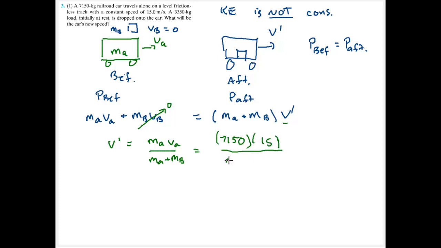And I'm going to sum the masses down here at the bottom. 7150 was the mass of A. The load that I put into it was 3350, and you can see it's going to lower that velocity. The velocity at the end of the day is going to be 10.2 meters per second.